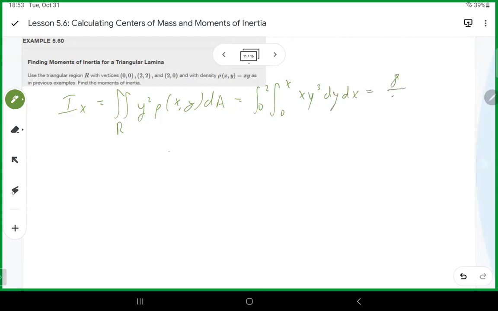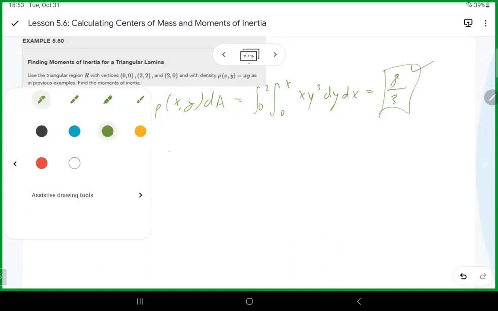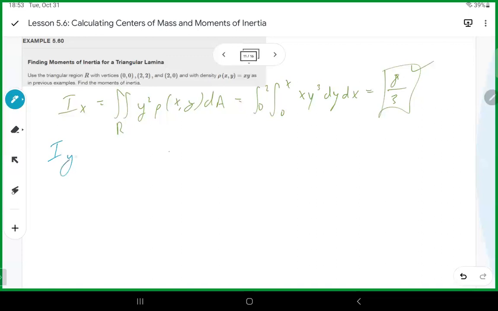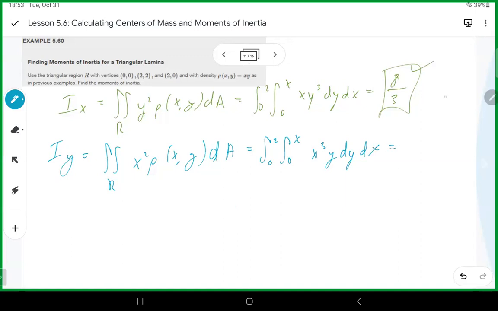And that's going to be 8/3. Then we have I sub y, x squared rho of x y dA, 0 to 2, 0 to x, x cubed y dy dx. That's going to be 16/3.